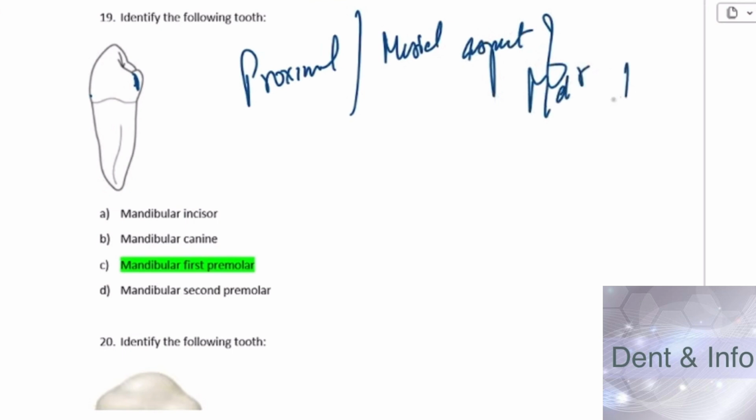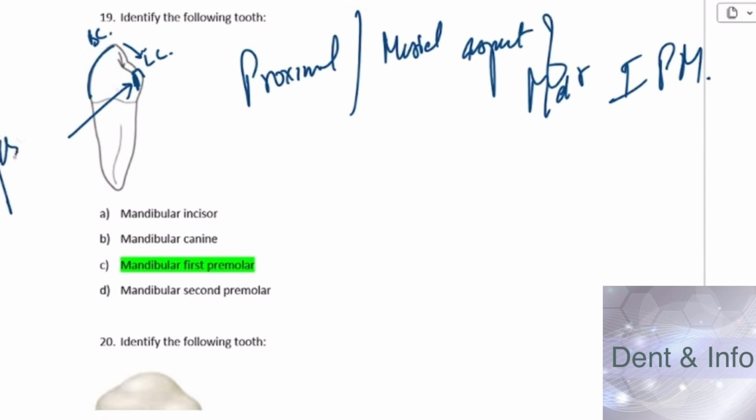mandibular first premolar. We can see there is a bigger buccal cusp and a very small lingual cusp. The slant is so high and there is a groove. This is the class exclusive trait that is present only in mandibular first premolar.